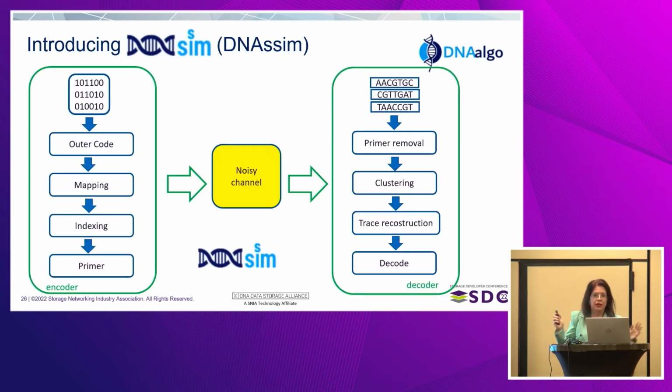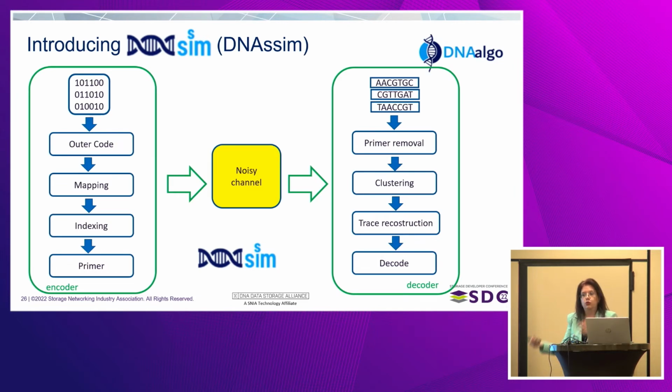So this is the block diagram flow of our simulator, DNAssim. Here I just want to show that the number of steps involved in the encoding and decoding is much higher than in standard error correction. We have our binary file. We have, of course, the error correction. Data must be reliable, so there is an outer code.